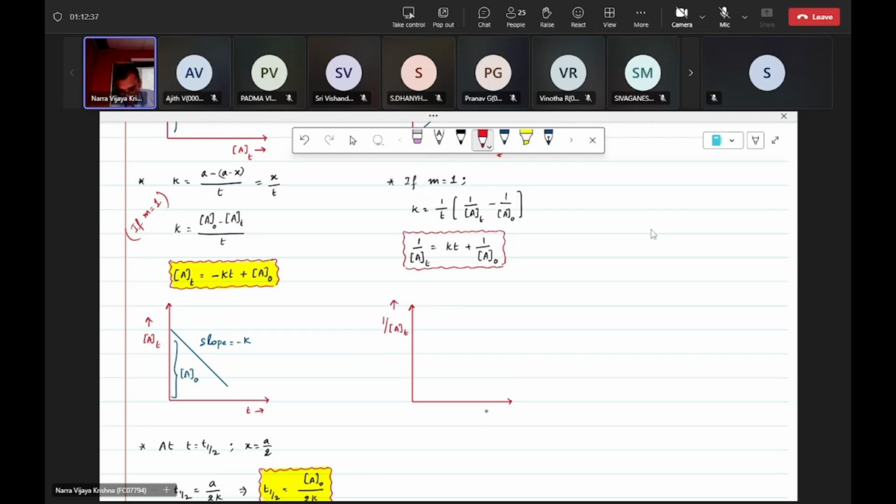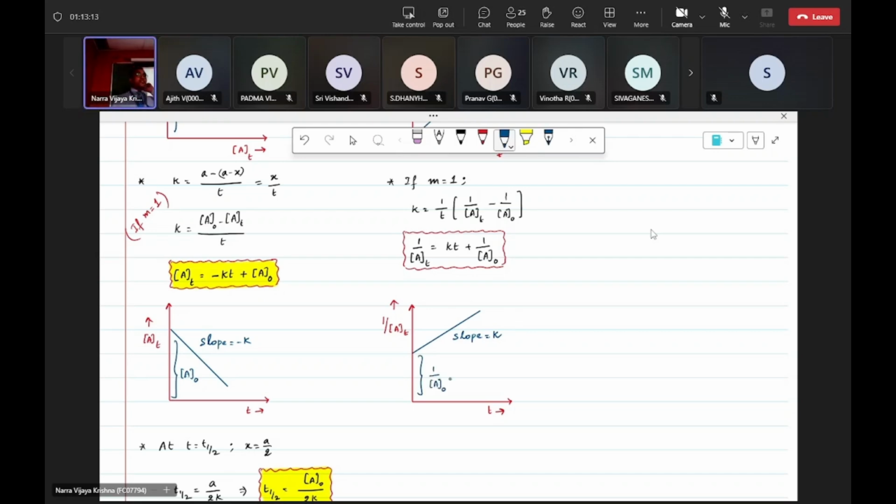How is the graph? Intercept, slope, positive or negative? Slope equal to mk, m equal to 1, that's why it is k. Intercept 1 upon a naught.